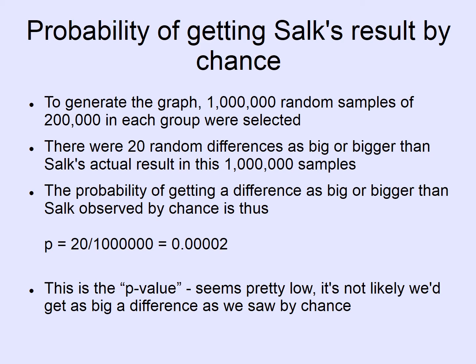If our probability was somewhere in the tallest part of that curve, it's going to be very large, something like 0.5 or 0.7 or even 0.9 if it takes up almost the whole curve. And that's when we say, hey, that's probably chance. But when it's way off to one tail or the other, or both as we'll see, then we're going to say it's not likely due to chance.